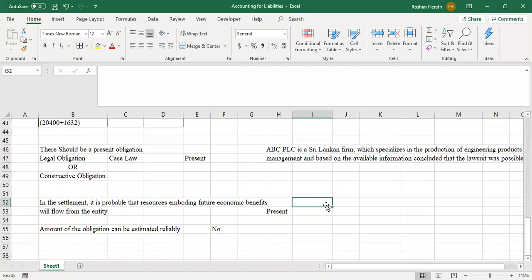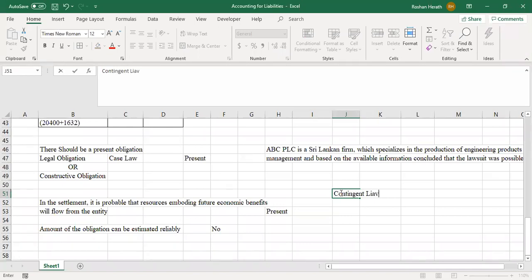Depending on the materiality, if the claim is material, you need to make a disclosure. You can consider this event as a contingent liability and disclose the event.